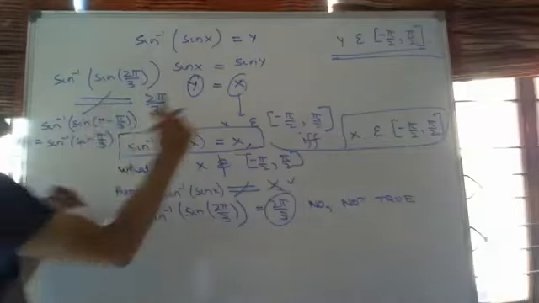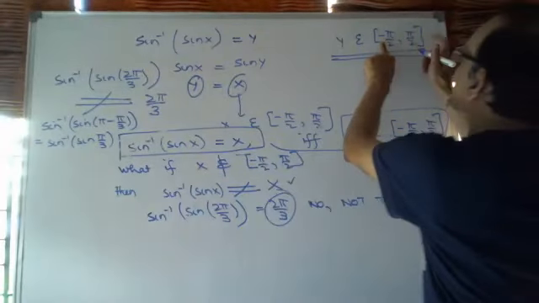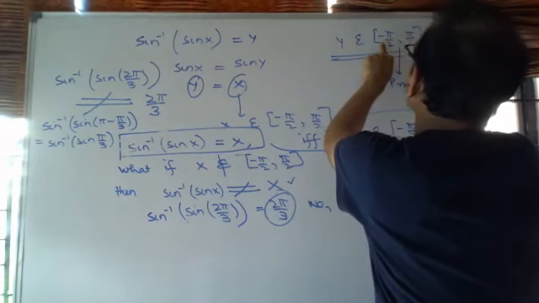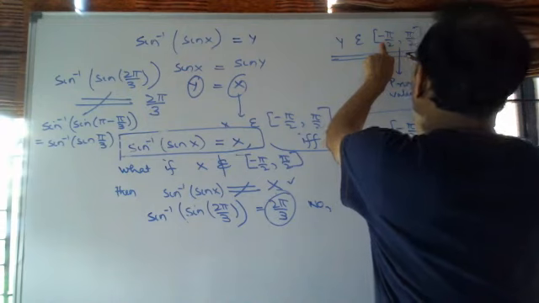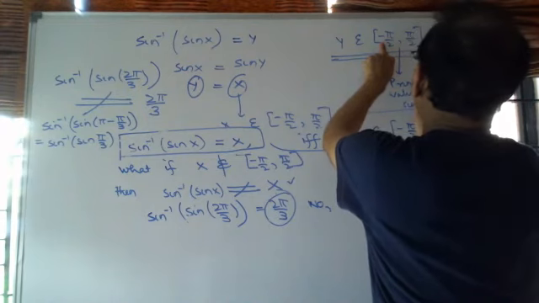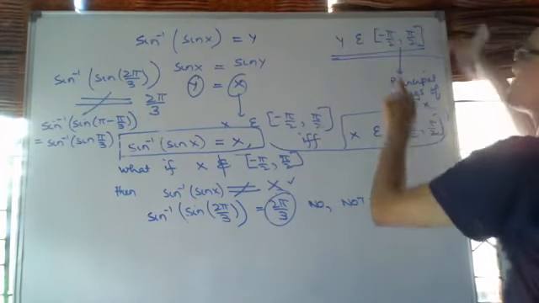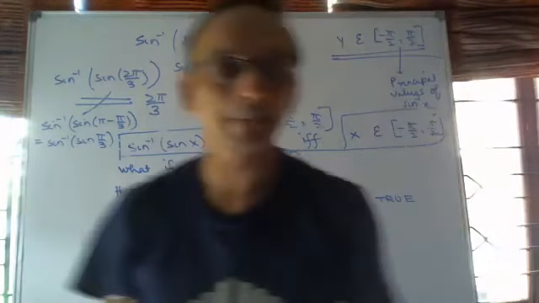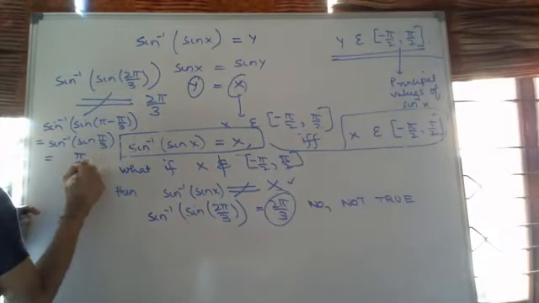The output of sin inverse is also called the principal values of sin inverse x. That means sin inverse x will produce output only in this interval. So now this will be π/3.